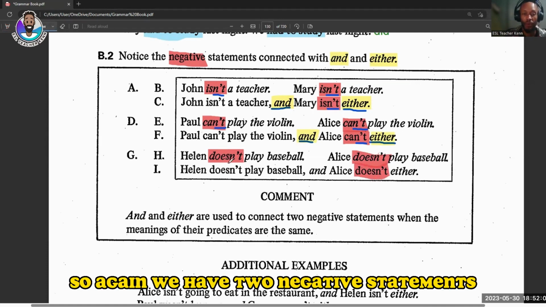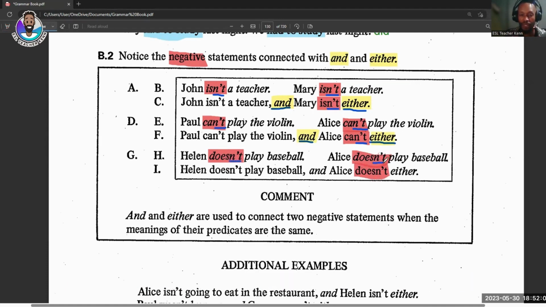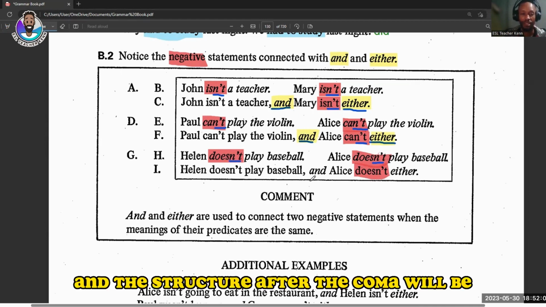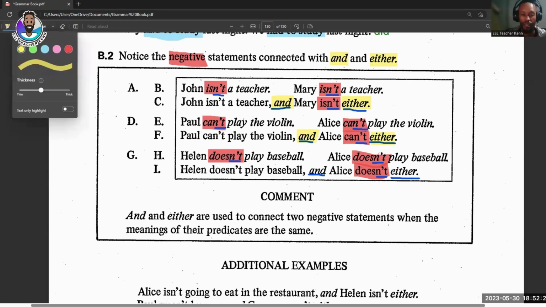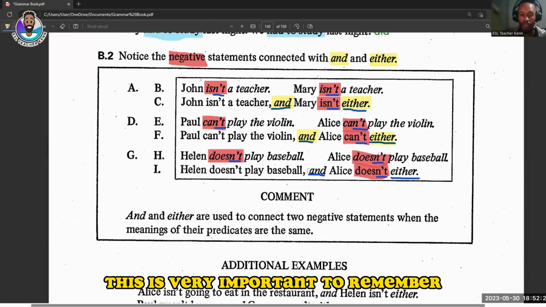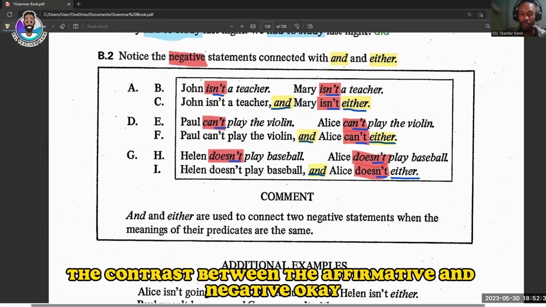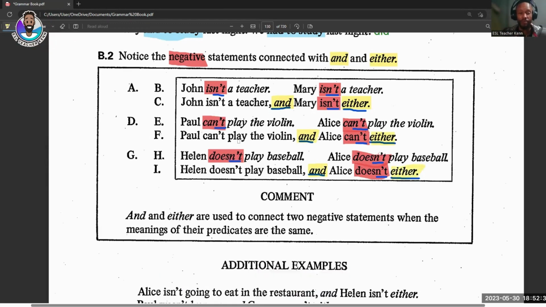So again, we have two negative statements and the structure after the comma will be and Alice doesn't either. This is very important to remember, the contrast between the affirmative and negative, okay?